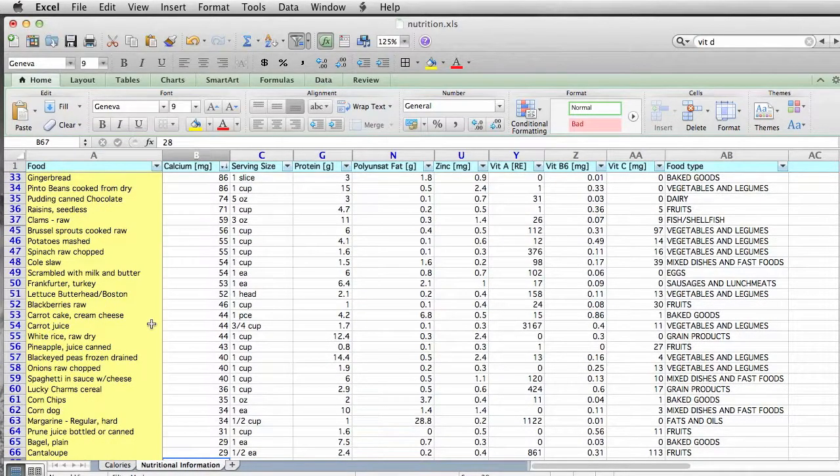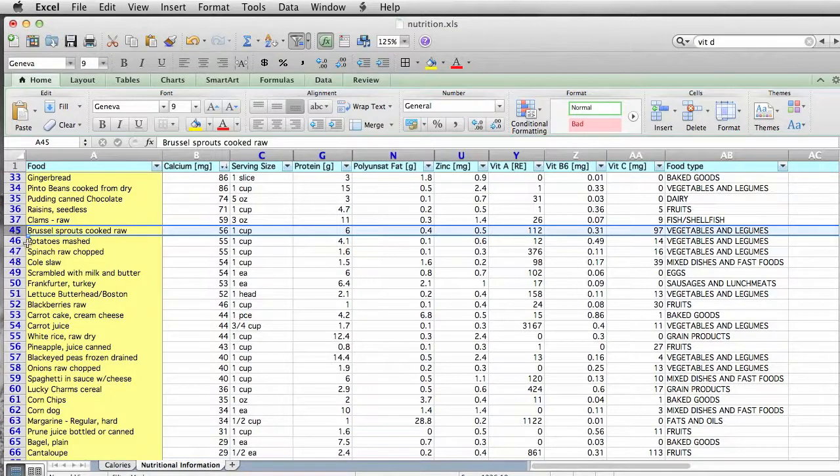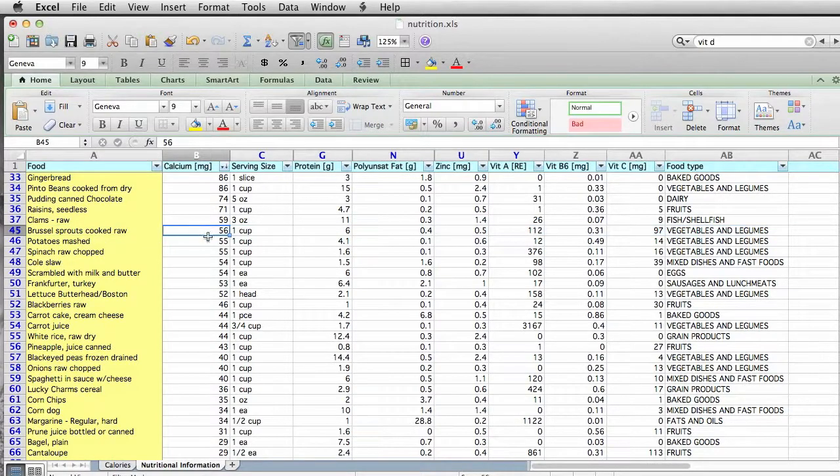We're going to look over here at element number 45. The record for 45 is Brussels sprouts, and the calcium concentration of Brussels sprouts is 56 milligrams per serving size. Again, the units appear right up here, so 56 milligrams of calcium per serving size of Brussels sprouts.